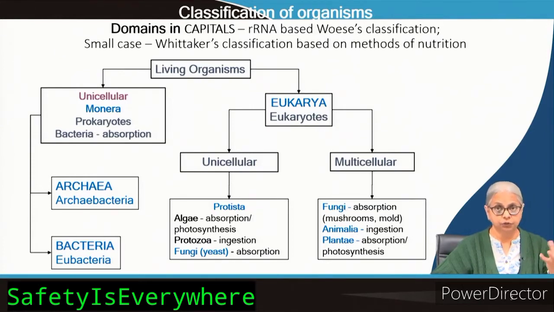So when you have your mushrooms next time, you know that you're dealing with a multicellular eukaryote. Mold can be both. There are different types of molds. And then you have plants and animals that we all see around us. So this is the broad classification based on Whittaker's classification, and that's based on methods of nutrition.